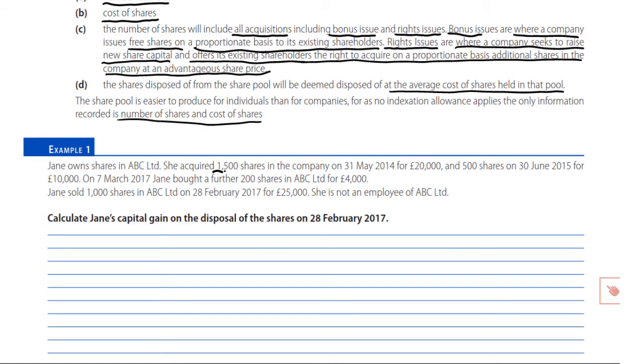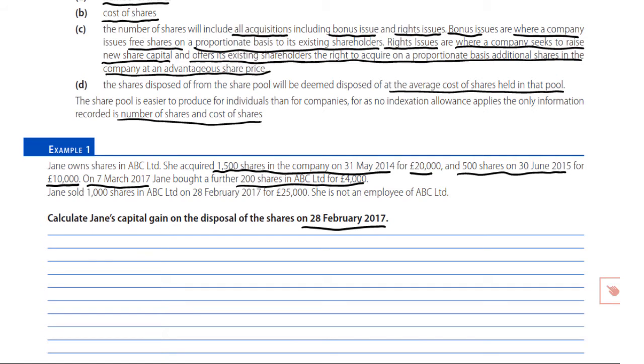She acquired some 1,500 shares in the company on the 31st of May 14, and there's the cost, £20,000. Another 500 shares, June 15, and again, a different cost, £10,000. And then, critically, given the date of the sale of the shares, the 28th of February 17, Jane also had bought on the 7th of March 17 a further 200 shares in ABC Limited for £4,000.